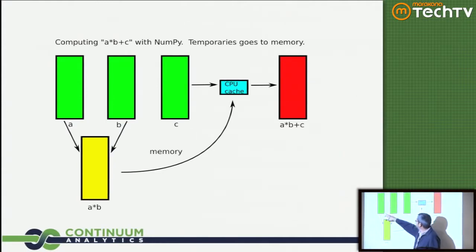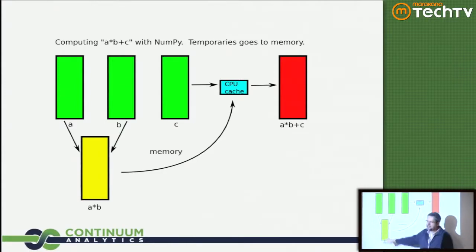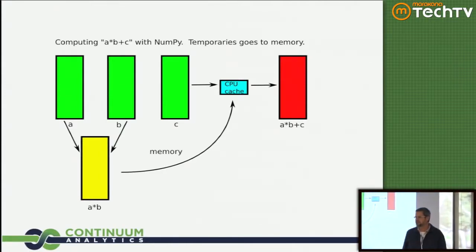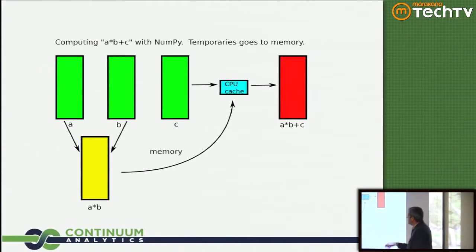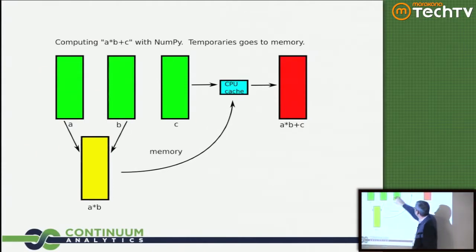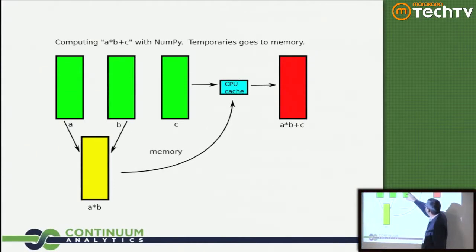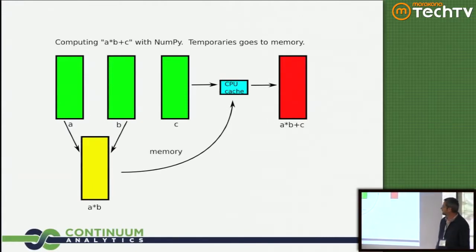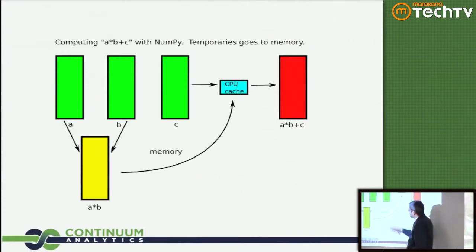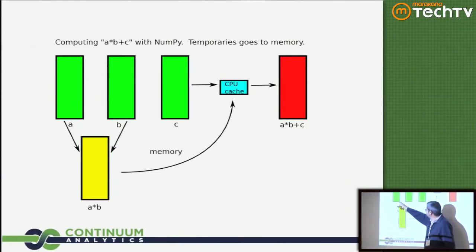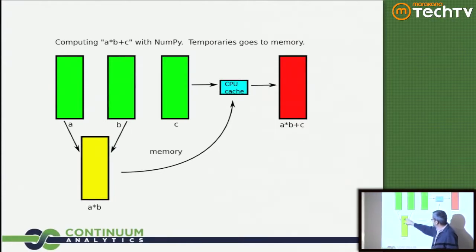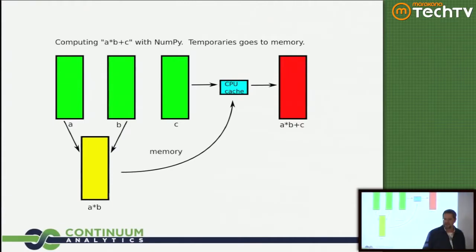NumPy will need to first compute this multiplication, and will need to create this temporary completely in memory, okay? And then use this temporary and sum it to this one to create the final result in memory. So the thing is that NumPy needs to move much more memory. These temporaries are traveling to memory, and this takes a lot of time in modern systems. Okay?